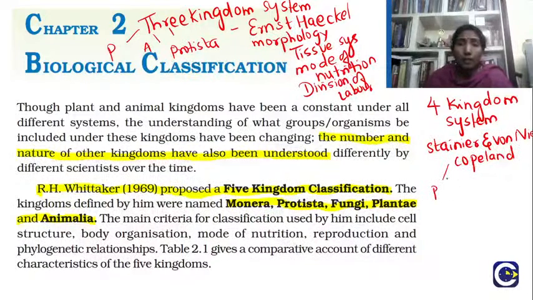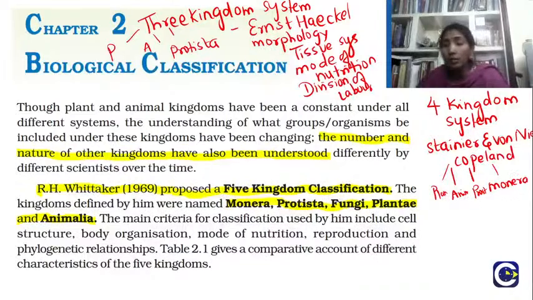We had Plantae, Animalia, then we had Protista, and then we had one more concept called Monera. Monera was included. So we had Protista, Plantae, Animalia. Okay, so this was the four kingdom classification. Hari, Sanju, Maithili, are you able to follow?